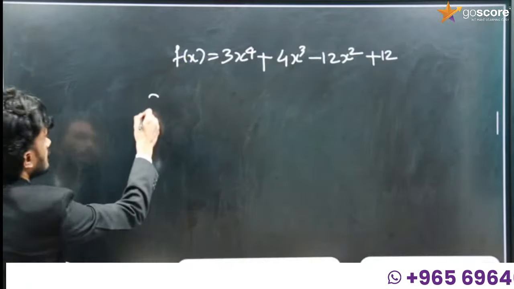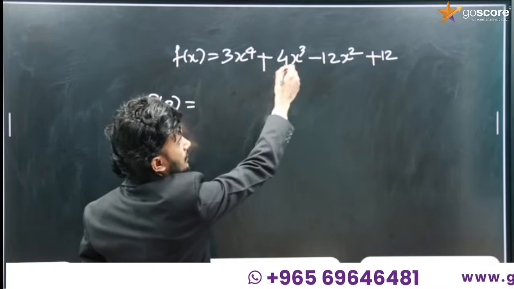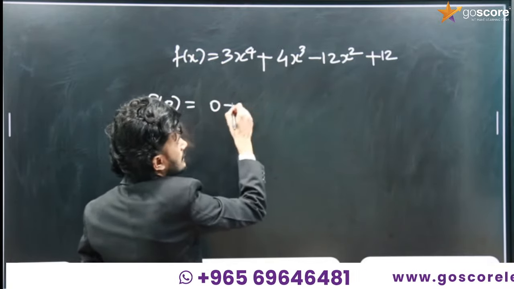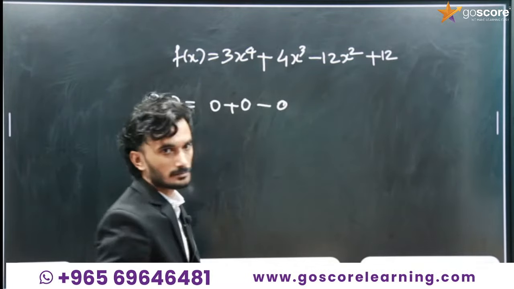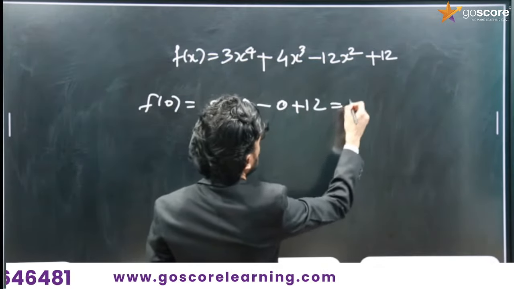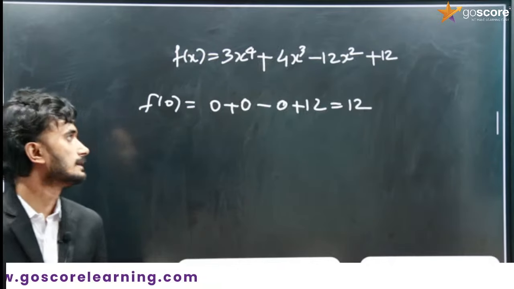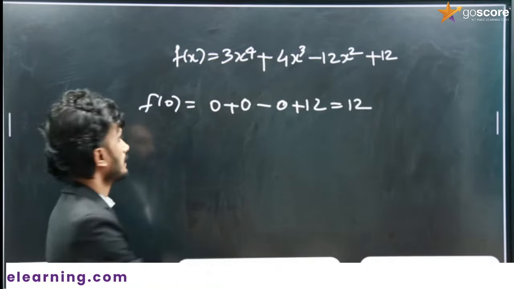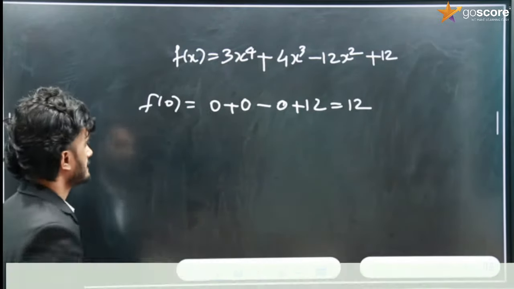So f of 0, what is f of 0? 3 into 0 plus 4 into 0. So this term will be 0, second term will be 0, minus third term will be 0, then the last term is plus 12. So it is 12. So that value is the maximum value. F of 0 is the maximum value.